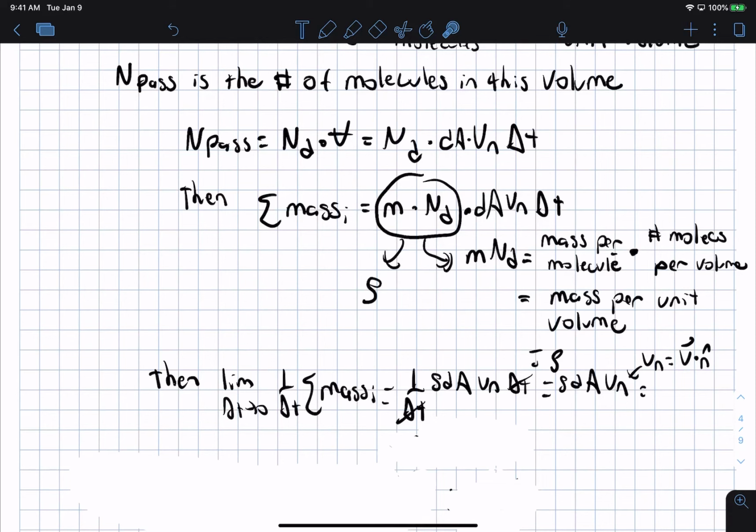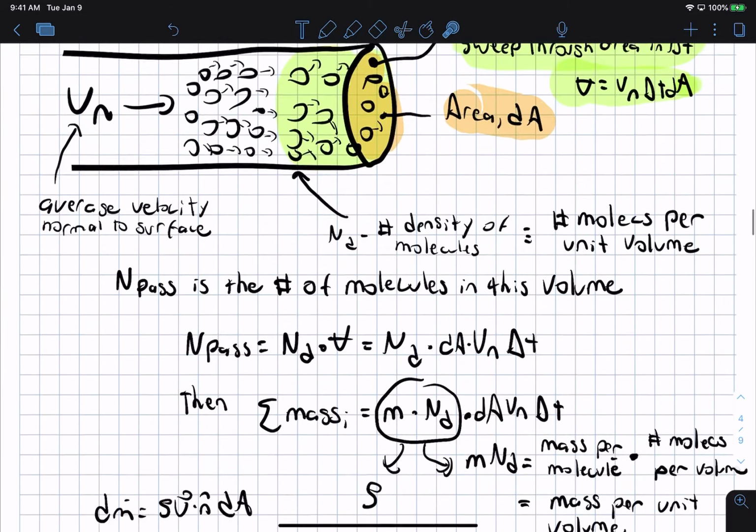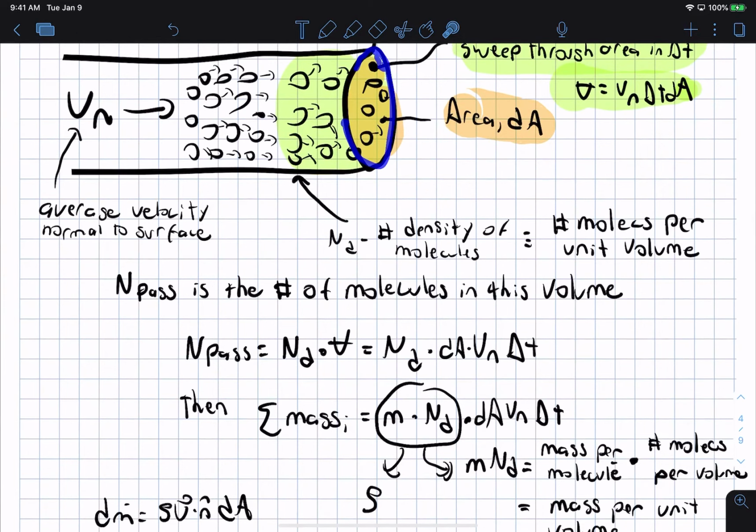Okay. So now we have basically proven that dm dot equals rho v dot n hat dA by just considering all the potential molecules that can basically pass through this surface in time delta t.